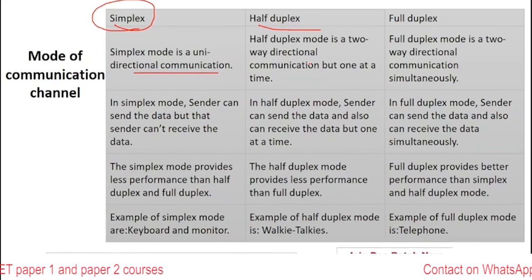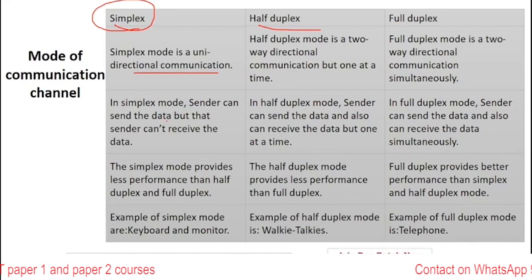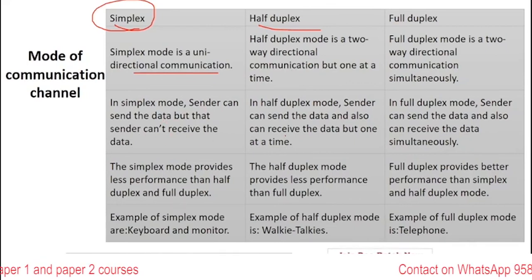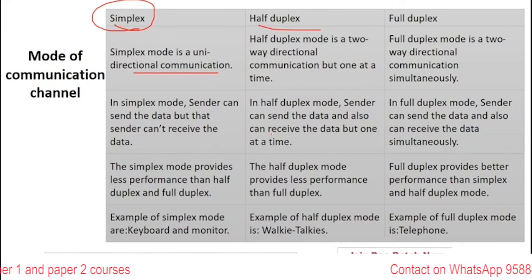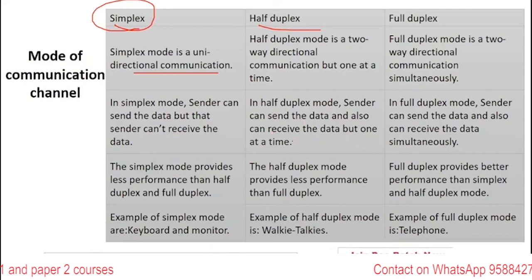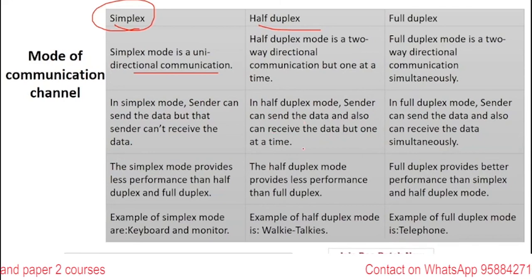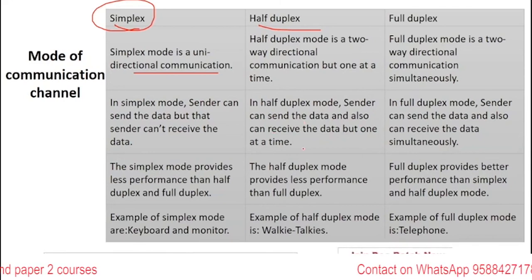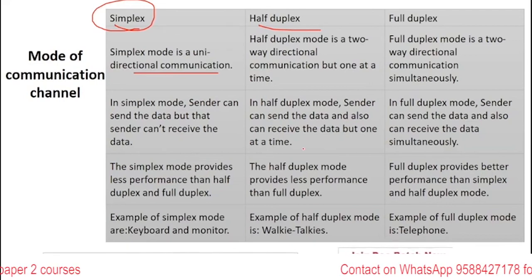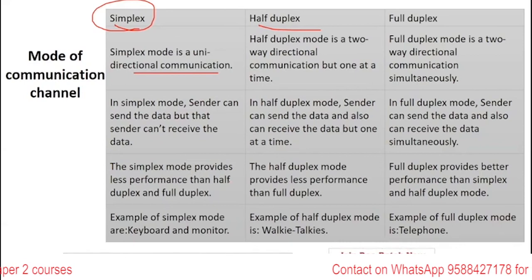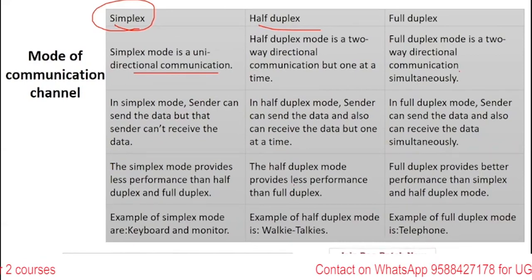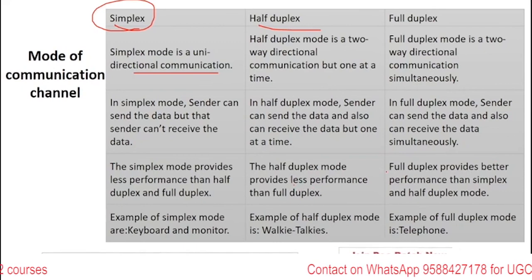In simplex mode, the sender can send the data, but the sender can't receive the data. In half duplex, the sender can send and also receive the data, but one at a time. Whereas in full duplex, it happens continuously and simultaneously. Simplex mode provides less performance than half duplex and full duplex. Performance wise, it is less compared to full, so the best performance is from full duplex.